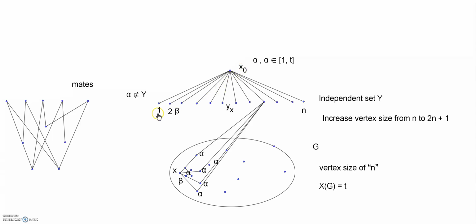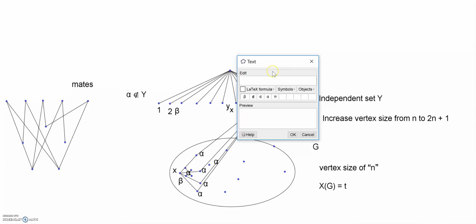We then know, okay, all the vertices in the independent set Y cannot have a coloring of alpha, which means that all of the vertices in G labeled X, the ones that we're looking at that are all independent, can have a labeling alpha, but we're going to recolor it because we have a new graph, beta, which means all these intermediate vertices, which really are just the set of vertices that are in the neighborhood of X, must have a coloring of alpha. And because they have a coloring alpha, the chromatic number now becomes T plus 1. So I will write that the chromatic number, which is chi of G, now becomes T plus 1.